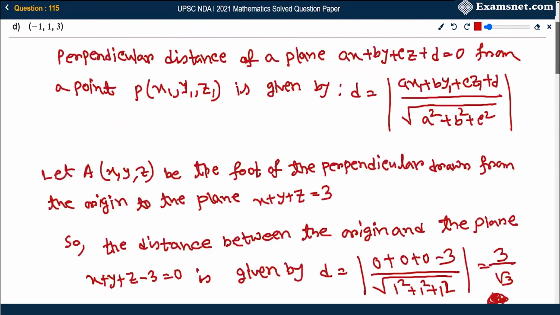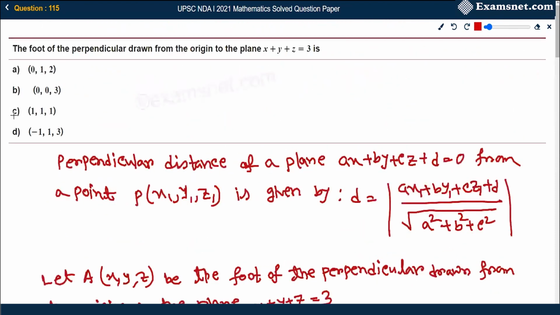So we can say (1, 1, 1) is the foot of the perpendicular. Option C is the correct answer.